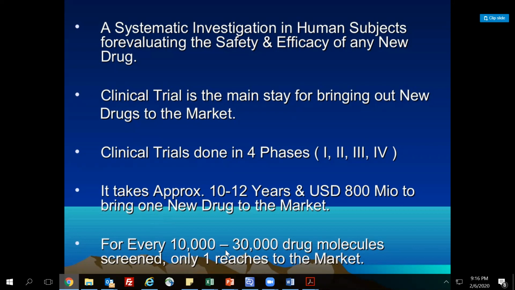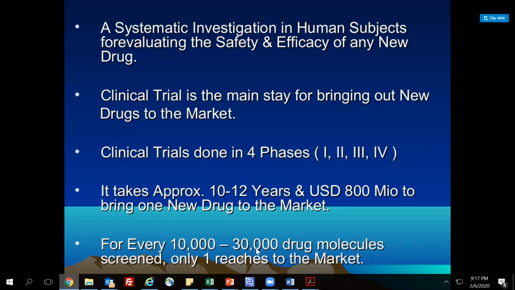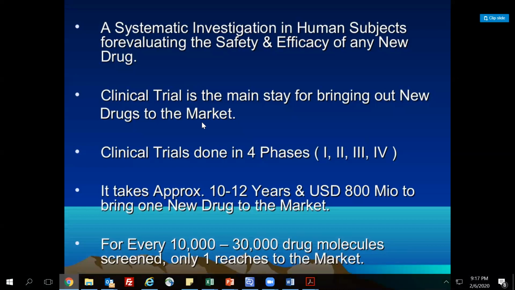Just imagine how many years and how much money you invest if only one will reach the market. So the trial has to be done in a very safe and efficient manner. A clinical trial is a systematic investigation in human subjects for evaluating the safety and efficacy of any new drug. This is the main concept we first have to understand.